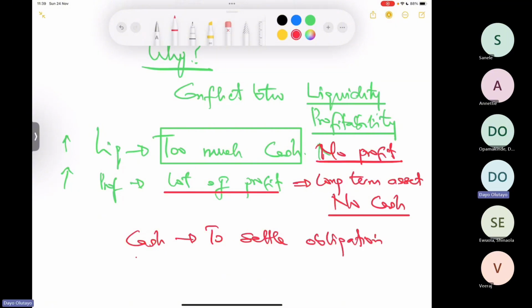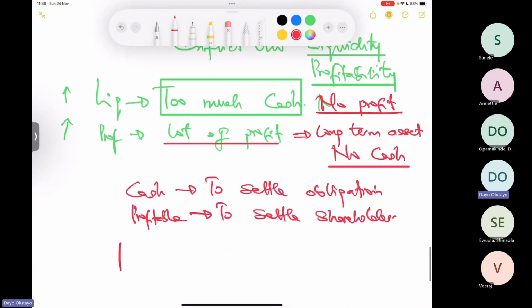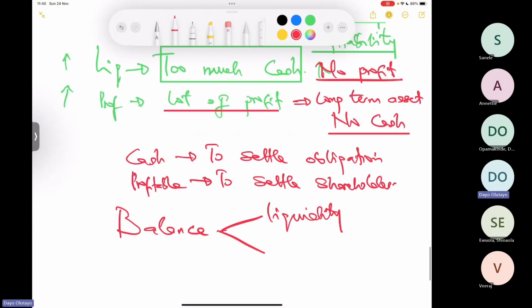Likewise, you need to be profitable to settle your shareholders. And that's why, as a finance manager, you must balance liquidity such that you have just enough cash to be able to take care of your obligations, and profitability such that you're able to pay dividends to your shareholders.